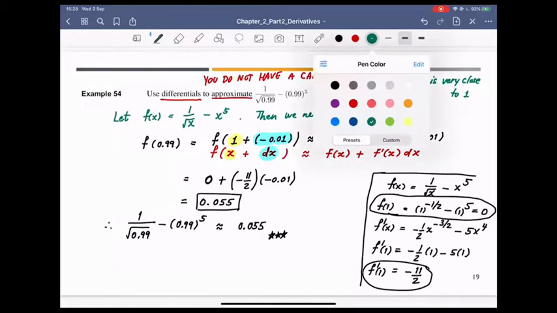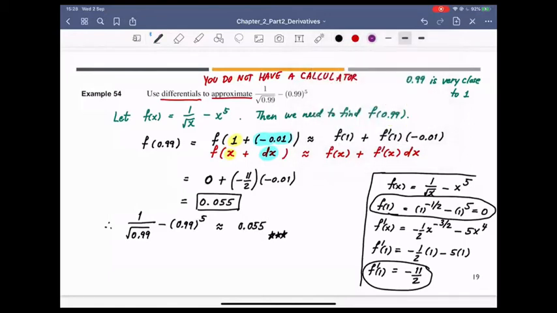Let's suppose another thing. Let's suppose that I want 1 over square root 1.02 minus 1.02 to the 5th power. That means I want f of 1.02, because if I plug in 1.02, I'm done. So I can separate 1.02 into 1 plus 0.02.